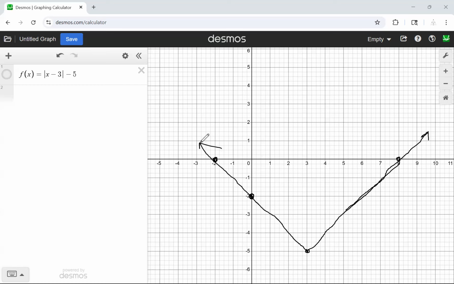Again, I didn't draw this very perfectly, but that's the kind of graph that you would get if we had to draw it by hand.